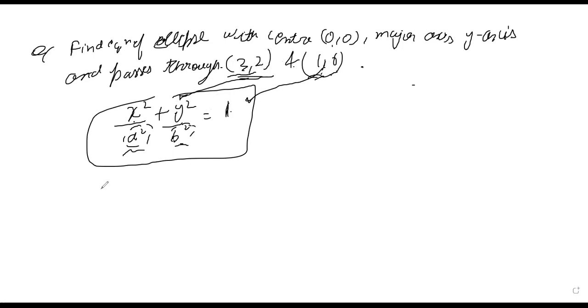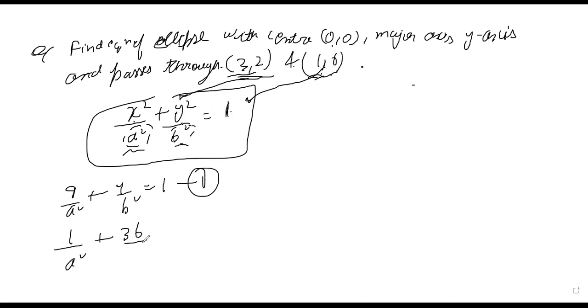So first we will put (3, 2). So 9 by a square plus 4 by b square equals 1. Let's say this is our equation 1. And in case of (1, 6), 1 by a square plus 36 by b square equals 1. This is equation 2.